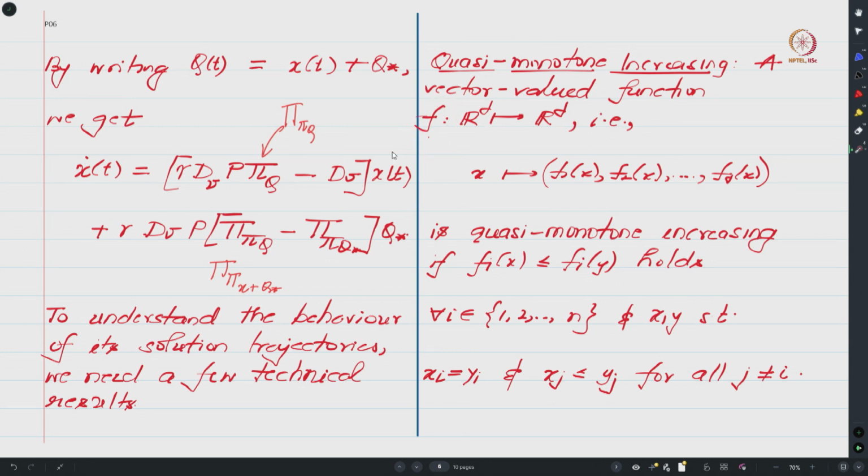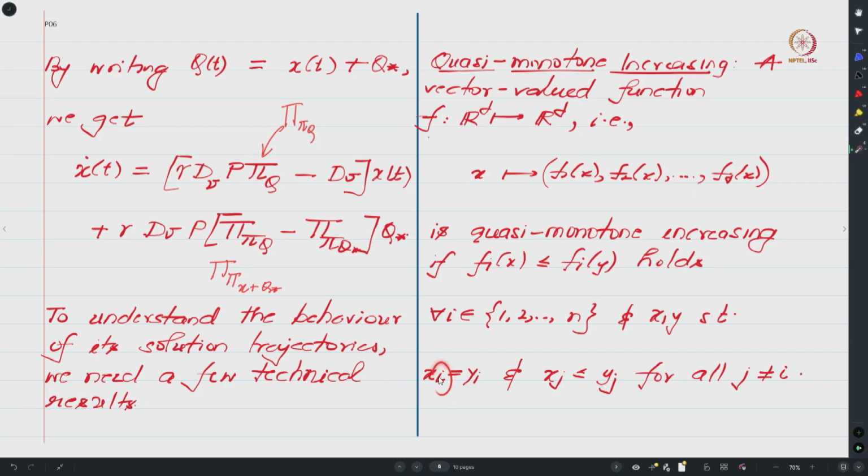Suppose x and y have the property that on all coordinates xj is less than yj, so coordinate wise x is below y, and furthermore there is at least one i for which xi equals yi.